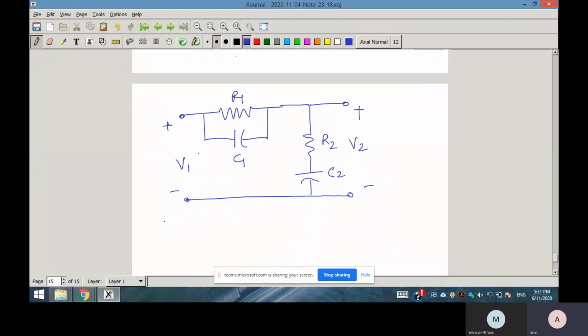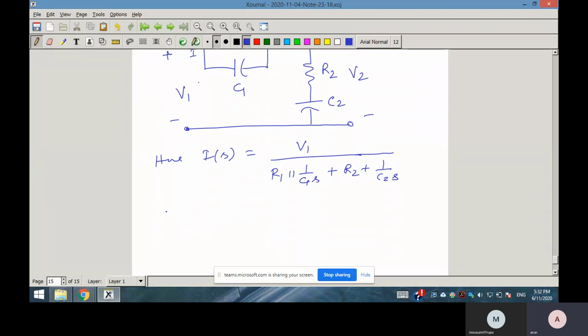So V2(s) by V1(s) is what? Here you can easily see, suppose your current is I here. What is your I? Here I(s) will be equal to V1 divided by R1 parallel 1 by C1s, plus R2 plus 1 by C2s. Then what is your V2(s)?